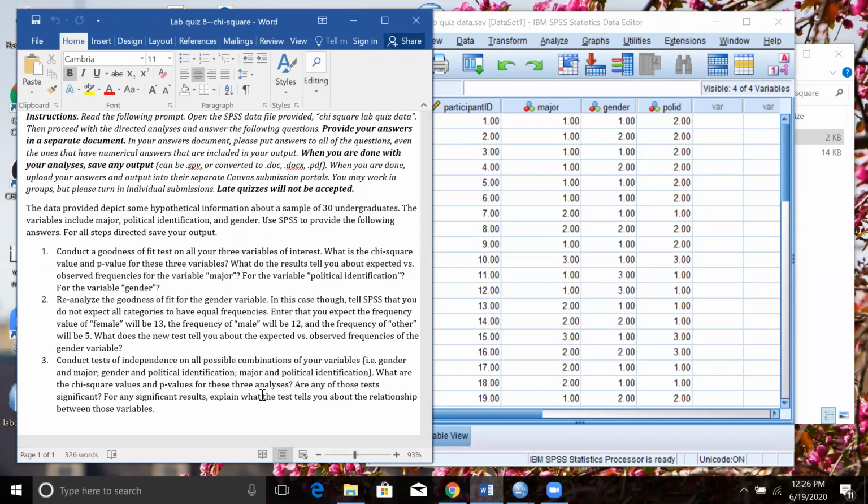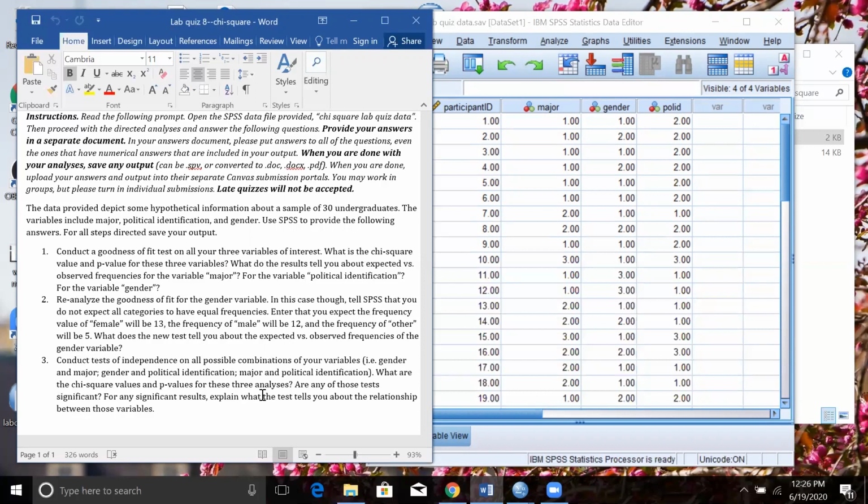So gender and major, this essentially will let us evaluate whether or not there's a relationship between gender and major, such that, for example, maybe more women end up being psych majors. So it's not that we necessarily care that there's more women than men in the sample. It's, does gender have an effect on major choice? So that's what a two-way chi-square tells you as opposed to a one-way chi-square. It's about the extent to which the categorical variables interact with one another.